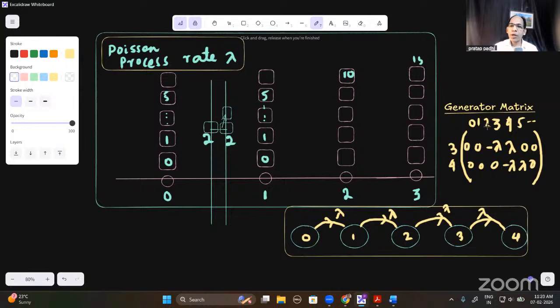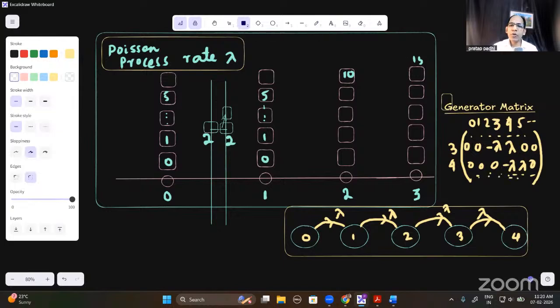If I write 2 here, for 2 also, you write that way. So we'll complete this. This is my generator matrix for a Poisson process. These are the mu ij's, you can say, because this is also a part of a Markov process. So that way, these are the transition intensities and this is the generator matrix.